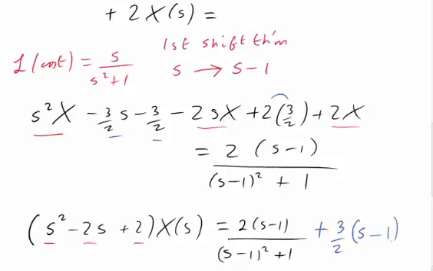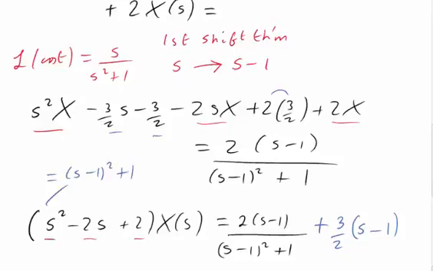Okay, next step is to isolate X completely by dividing by the quadratic coefficient. Before I do that, though, I want to notice something about that coefficient. Look at what happens if we complete the square. The coefficient of X is s minus 1 squared plus 1. It's actually the same as the denominator on the other side.